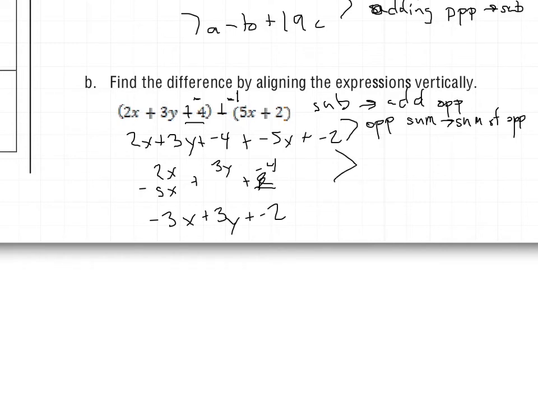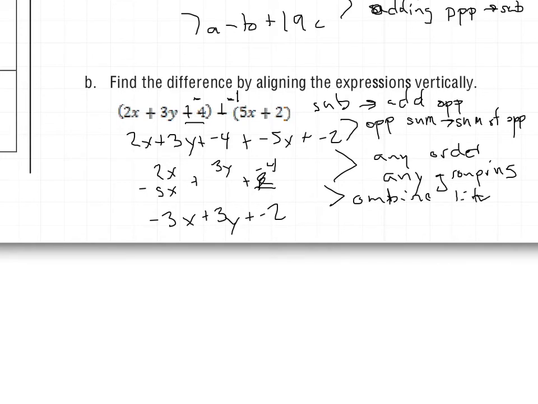So moving this to vertical allowed us, that was from any order, any grouping. Combine like terms. And if we wanted to, our last step here, negative 3x plus 3y minus 6, we could change the add of the opposite to subtraction.